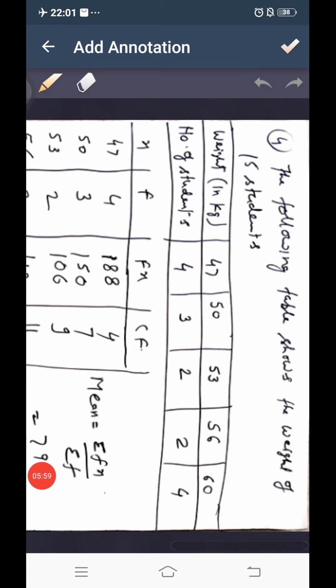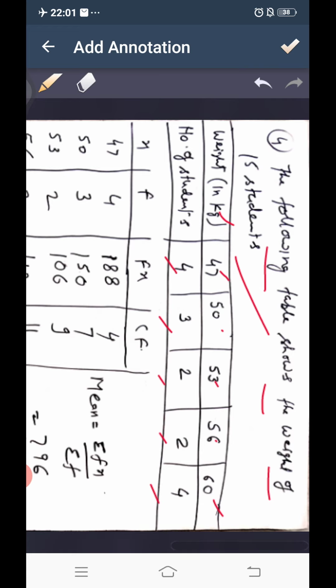Let us take question number 4. The following table shows the weight of 15 students. Weight given in kilograms: 47 kg, 50, 53, 56 and 60 kg. Number of students: 4, 3, 2, 2 and 4. Now here we have to find mean, median and mode.